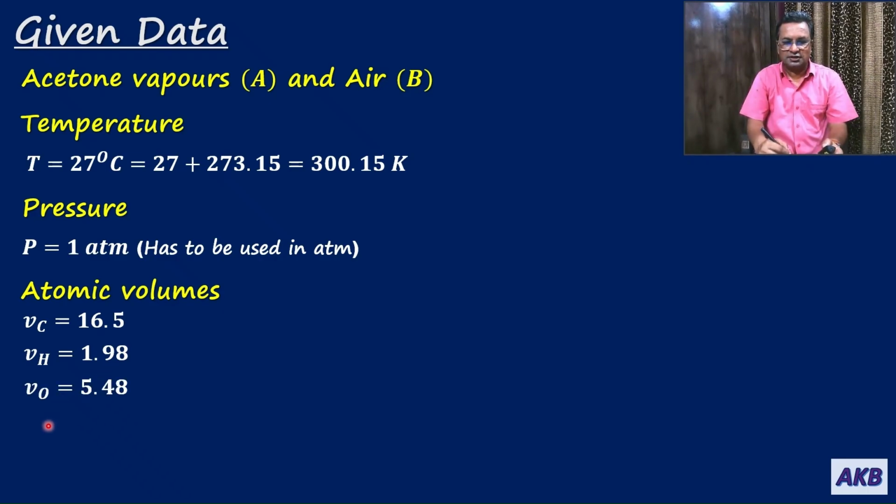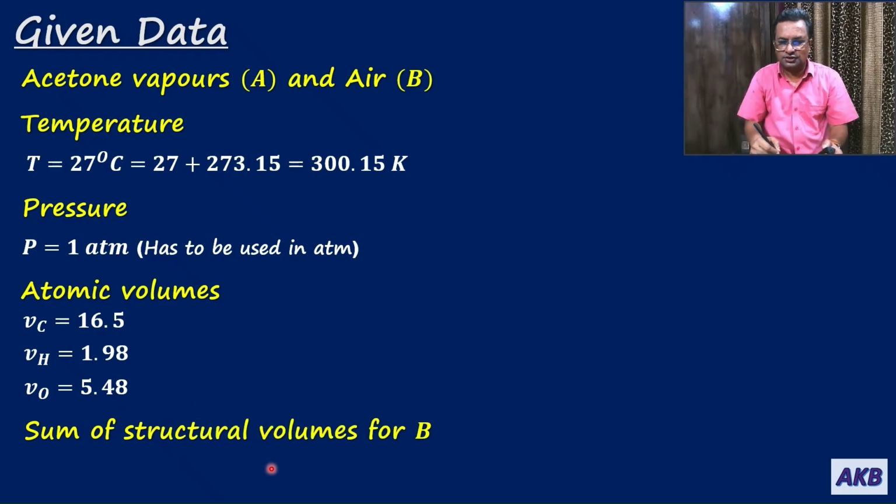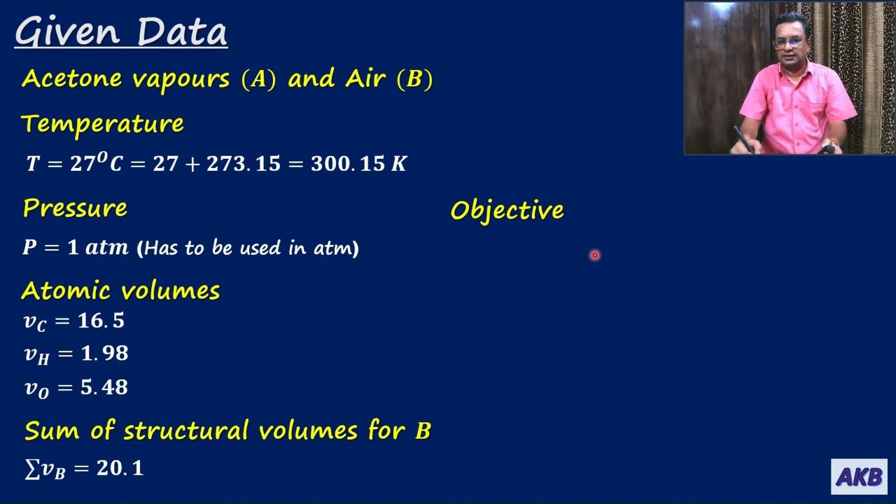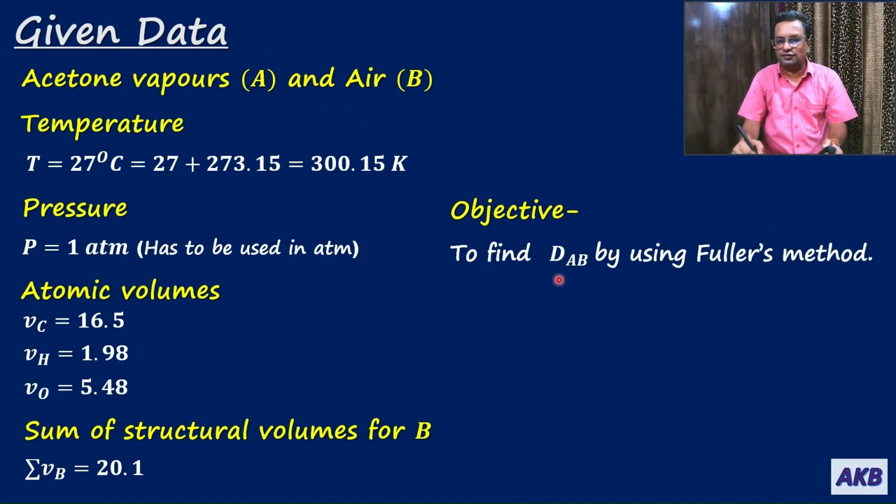And for oxygen atom, Vo, it is 5.48. Then the sum of structural volumes for B, that is summation of Vb, is directly given to us. It is 20.1. What is the objective? The objective is to find DAB, that is the diffusion coefficient of acetone vapors in air by using Fuller's method. So let us solve this.